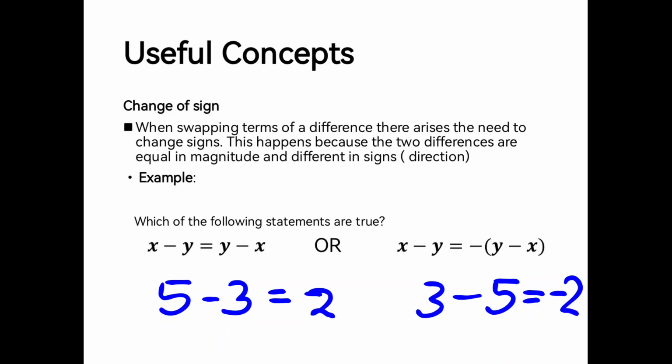You can already see that when we swap the position of 5 and 3, the sign changes. Well, this does not happen when it's plus, but with minus, it does have an effect.